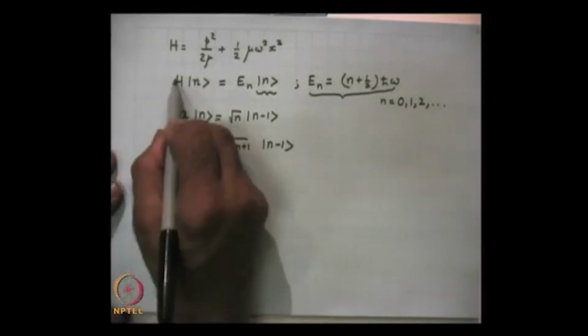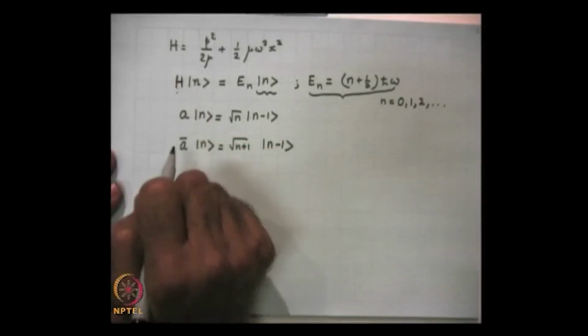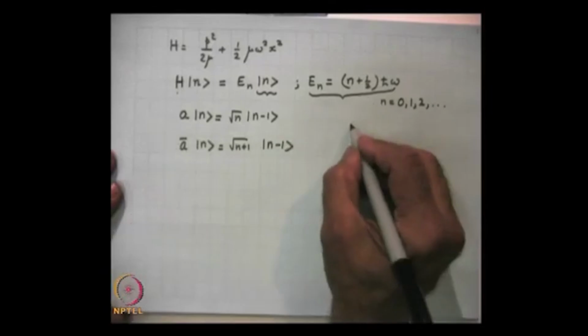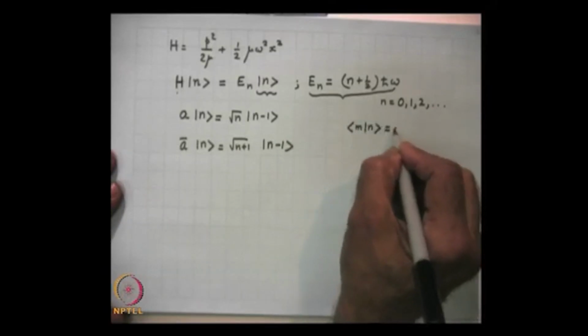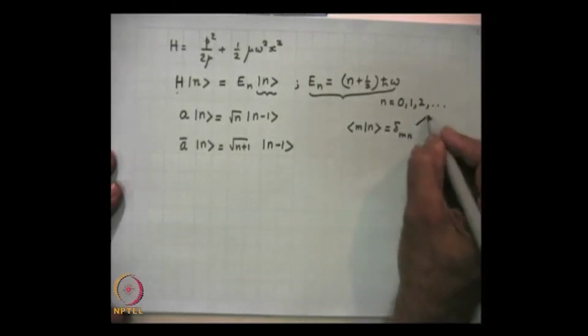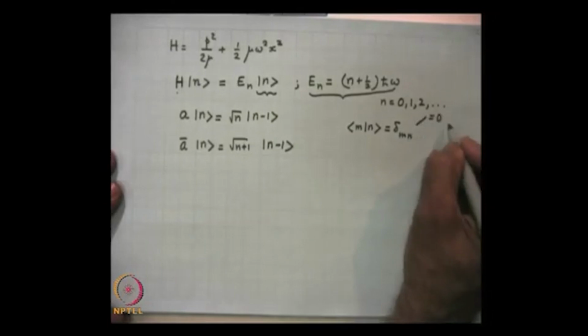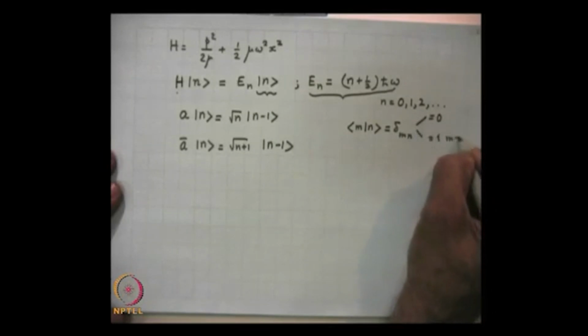And since the kets n are the eigenkets of the Hermitian operator H, they form an orthonormal set of vectors, that is bra m ket n is equal to delta m n. That is, this is equal to 0 if m is not equal to n and is equal to 1 if m is equal to n.